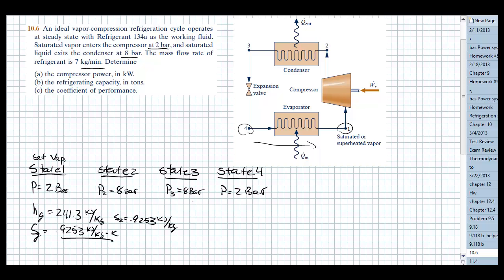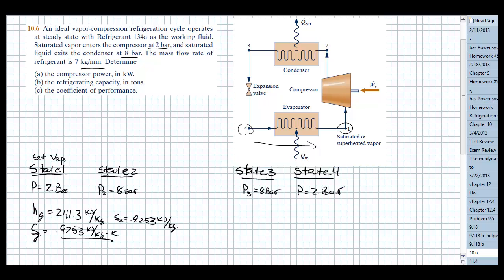And then the other ones that we can get directly off the tables is state 3. So state 3 at 8 bar, H3 equals 93.42, because in the problem it says that state 3 is a saturated liquid.